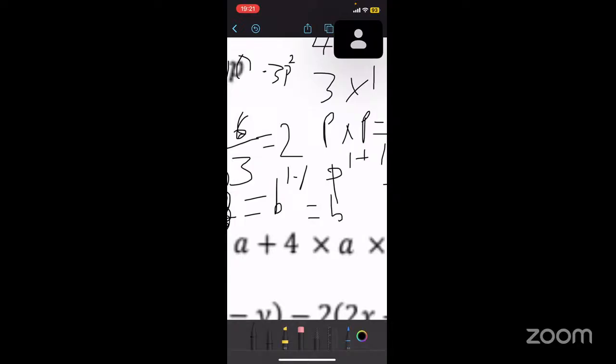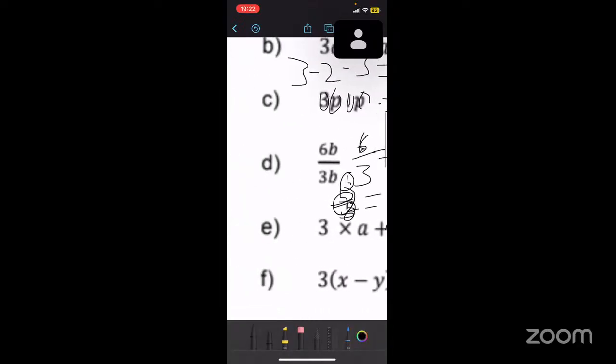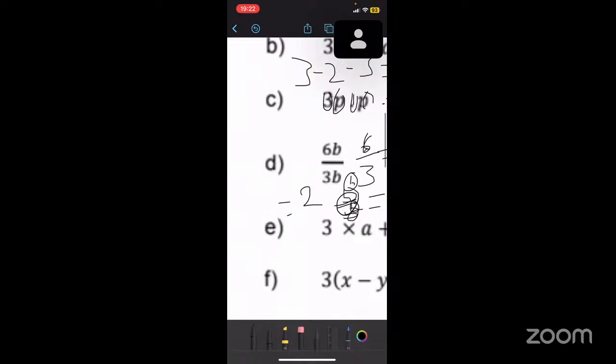And we know that b to the power of 0 is equal to 1, because anything to the power of 0 is equal to 1. Therefore, we have 2 multiplied by 1, which is the same as 2. So that means 6b divided by 3b is equal to 2, like that. Are we all good? Are we all happy?